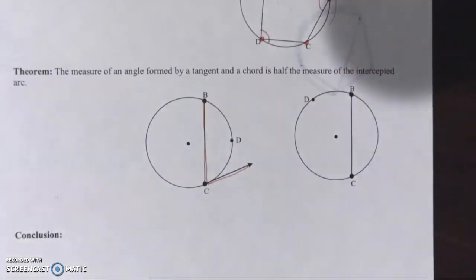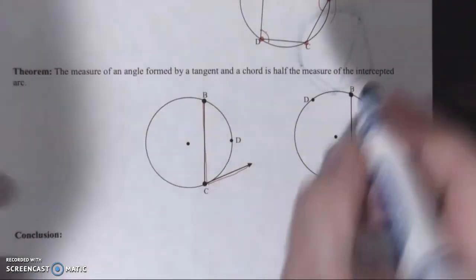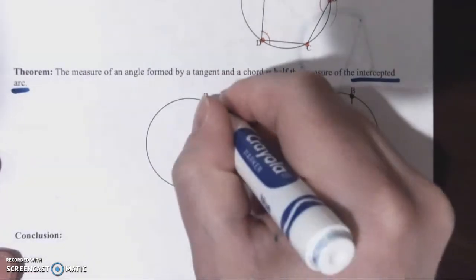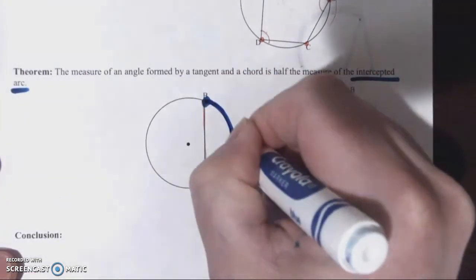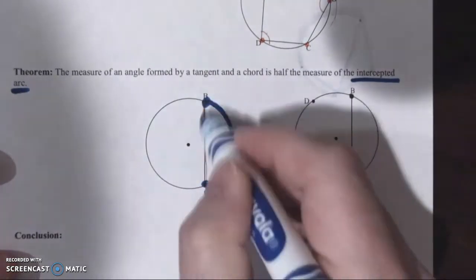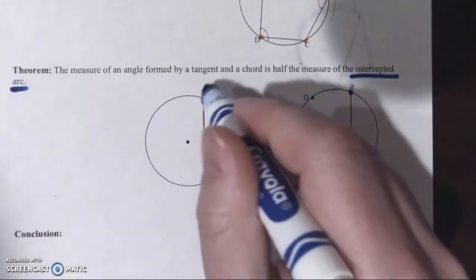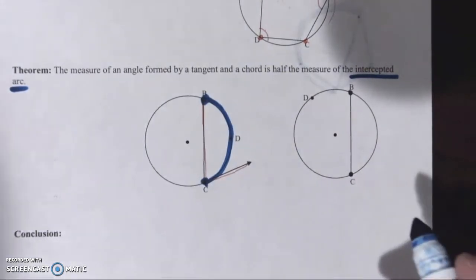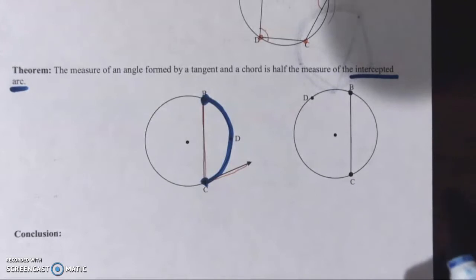What we want to do is make sure that we understand that we still think of intercepted arcs, and the intercepted arc would be, again, from really the point of tangency, or the endpoints of the chord. The endpoint of one chord, point of tangency between the tangent line and the circle, however you guys really want to think about that. That's perfectly fine.